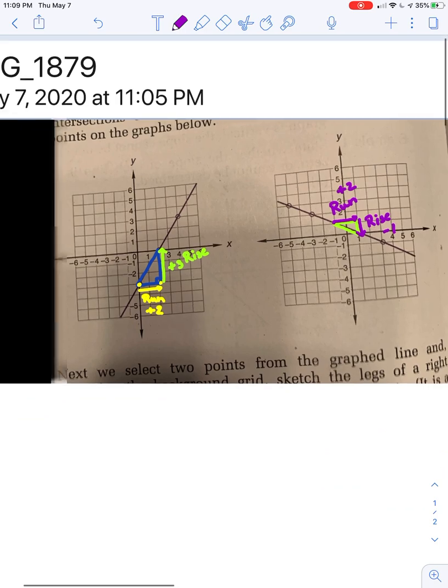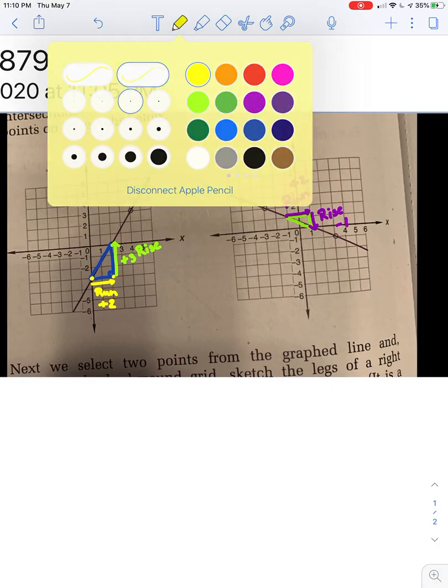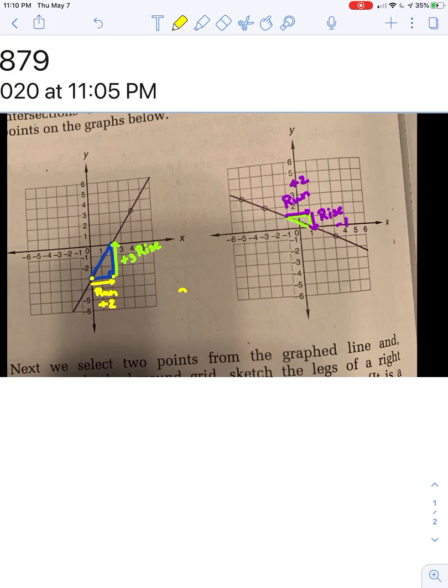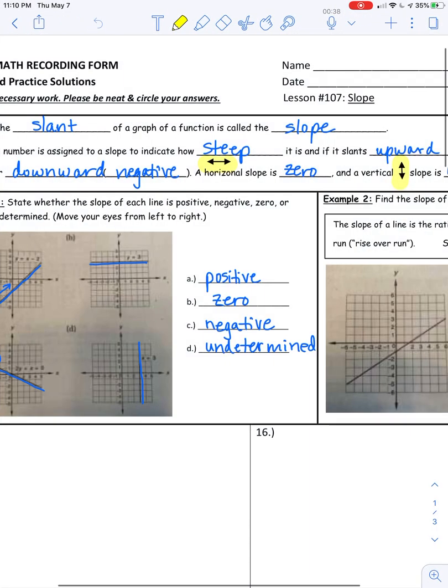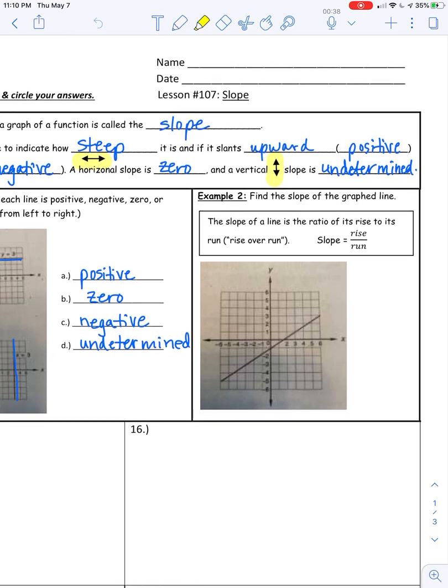Now, the interesting thing that I want you to remember is that the slope of a line equals rise over run. Okay, and actually in your notes, this would be a good time for me to point out to you, over here in example 2, I want you to highlight that or circle it or something, but do something to make it stand out.